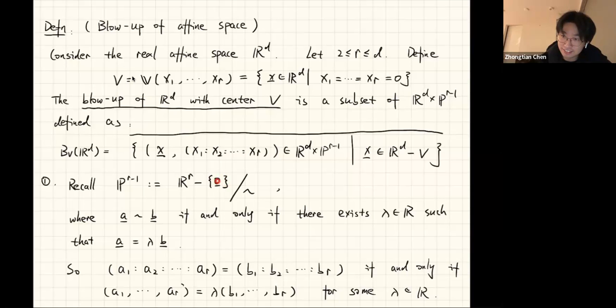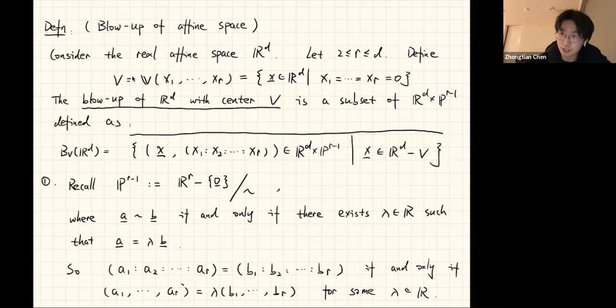So the idea is that the direction is determined by the point in R^D, for points not in V. For points in V, we don't have any restriction on the point in the projective space.